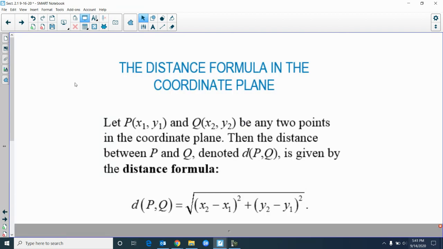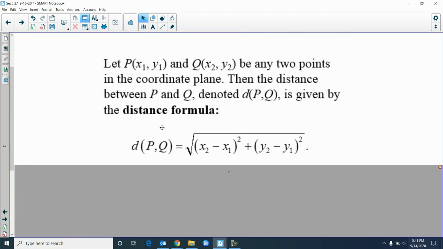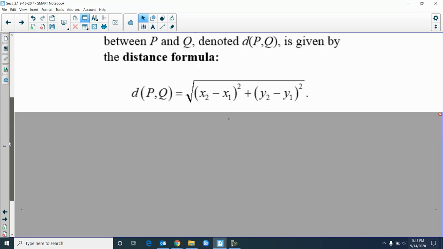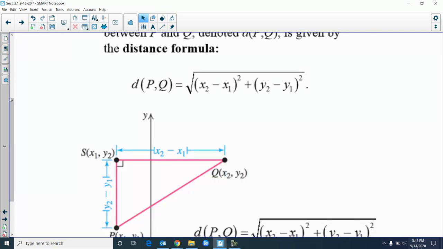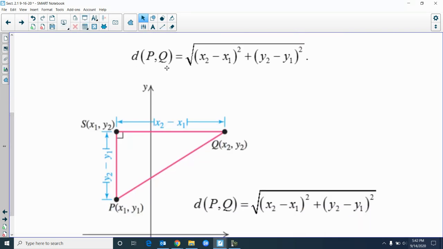All right, the distance formula in the coordinate plane. Just as you remember, the distance between 2 points, which we'll denote P and Q, is given by the following formula: x2 minus x1 quantity squared plus y2 minus y1 quantity squared, where we take the square root of the whole thing. Well, this is basically rooted in the Pythagorean theorem. If these are just our two general points here, this being P and this being Q, if you form a right triangle, the distance is the hypotenuse.